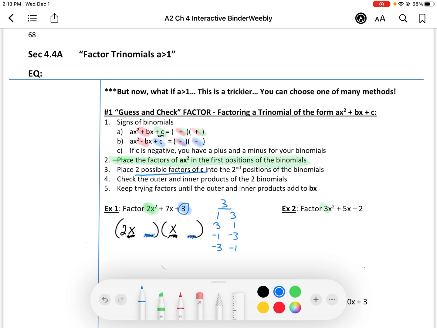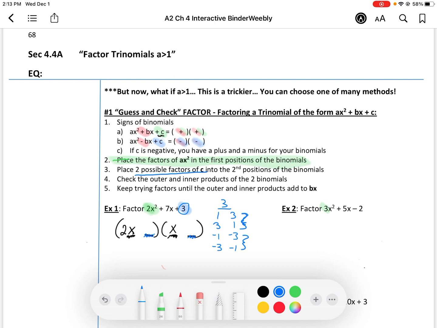Now I know that from our last section, you guys would say that this is redundant because it adds to 4 either way, and this group is redundant because it adds to negative 4. But in this case, the order is going to matter. All 4 of these are going to make different outcomes.